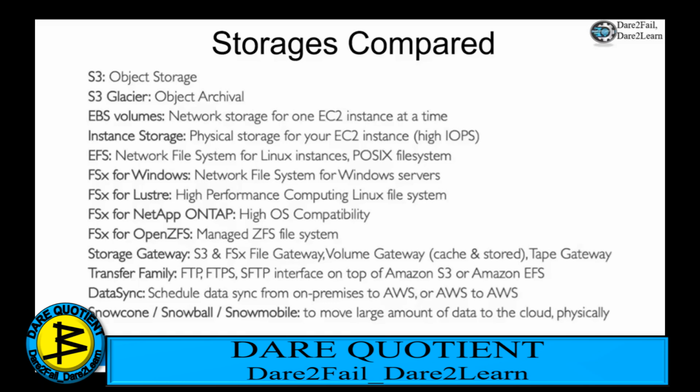So we know the Snowcone, the Snowball, and the Snowmobile are all used for data migration based off the capacity you need. While for edge computing, the Snowcone and the Snowball are the two devices that are employed for edge computing. And we said edge computing is simply performing computing functions at an edge location.